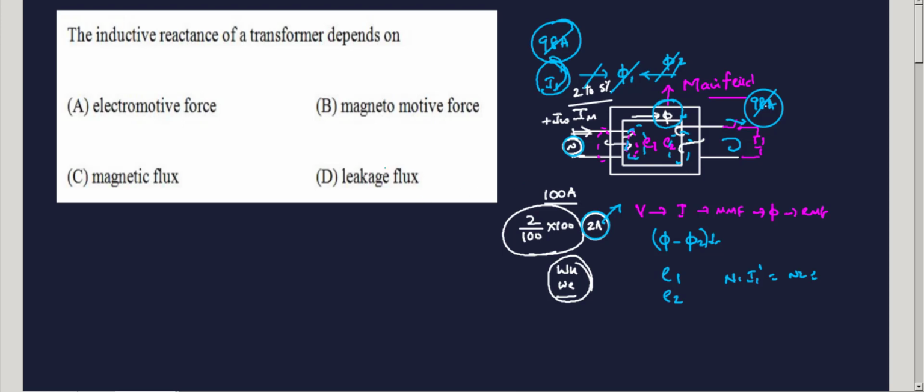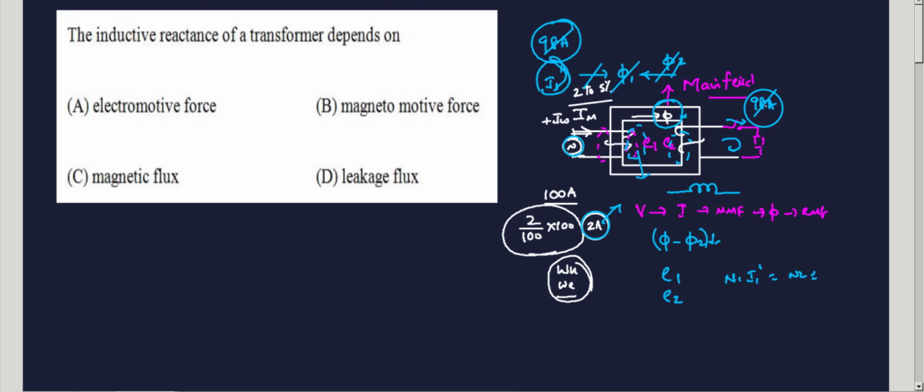This leakage flux we consider as leakage reactance, the inductive reactance, in transformer operation. That means leakage reactance depends upon the load current.